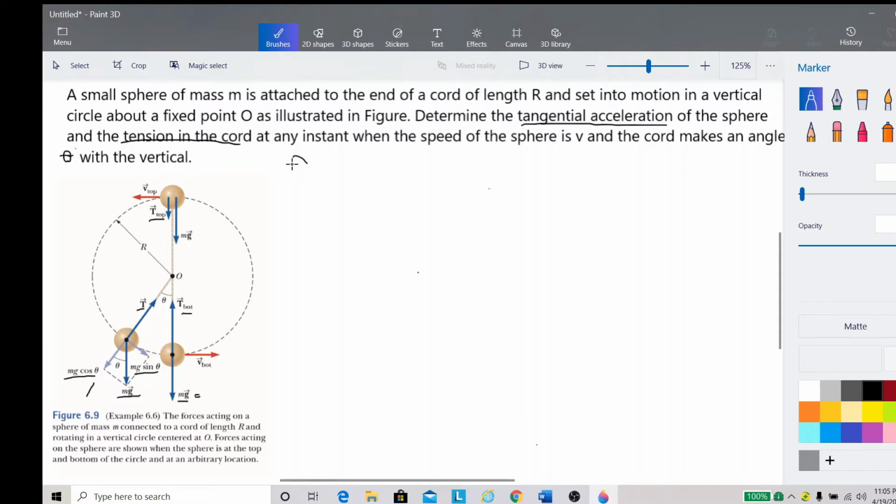So we are asked to find the tangential acceleration and the tension in the cord. These are the required. So we say solution.